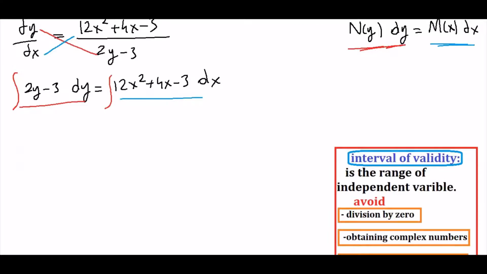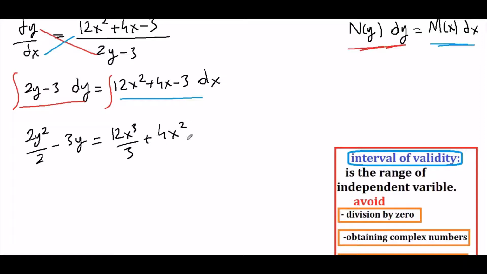So 2y integrated with respect to y is 2y squared divided by 2 minus 3y. Antiderivative of the constant with respect to y is constant times y. And antiderivative of 12x squared is 12x to the third divided by 3. We add 1 to the power and divide by the power.